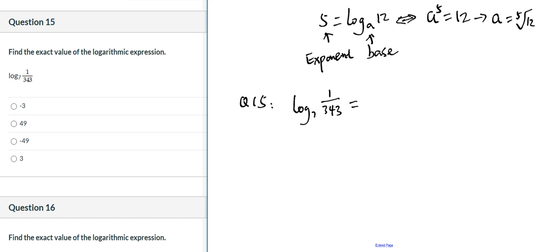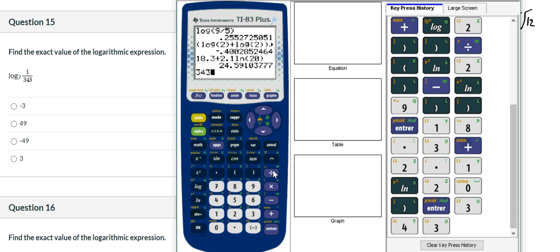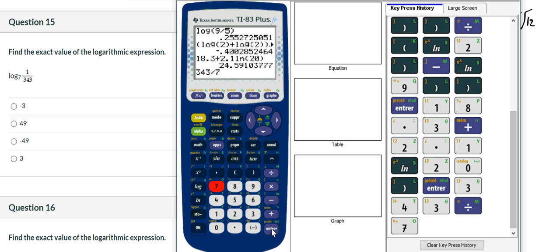There are a few ways to do this. One is 343 divided by 7. What do we get? You hit enter. You have 49. And then 7 times 49 will be 343.